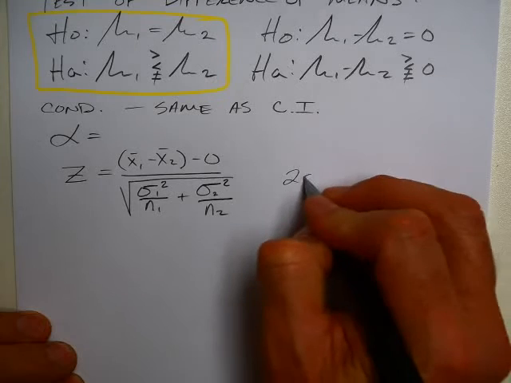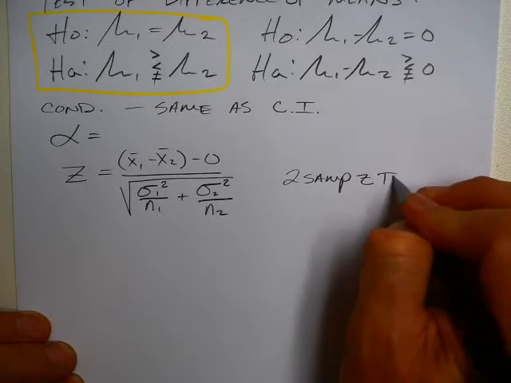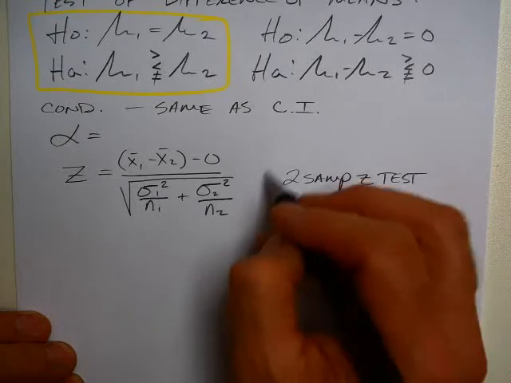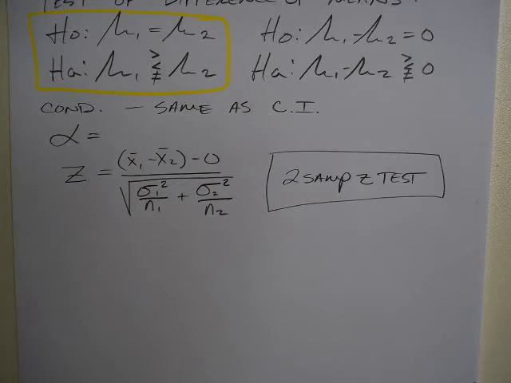So this is a 2-samp Z-test. Once you get one Z value from these two samples, you would only get one Z when you do this. What would that Z tell you? That Z tells you how many standard deviations away from the norm, just like it always has, your difference is in this data.